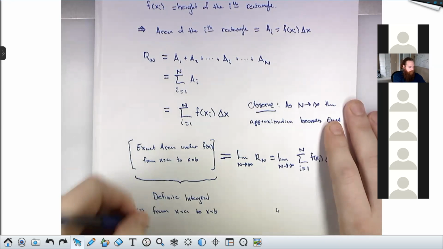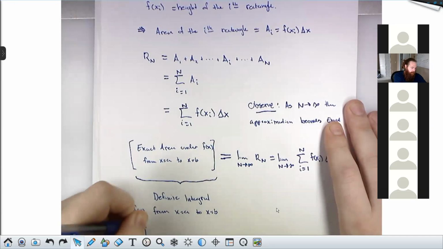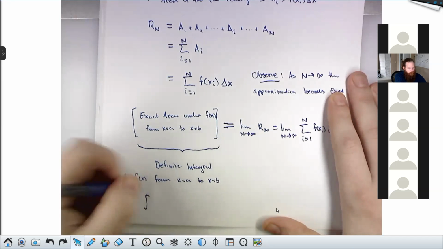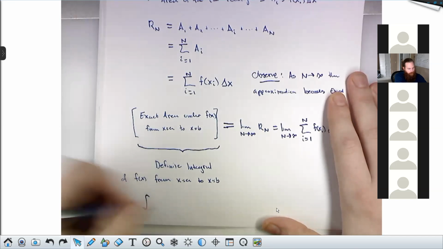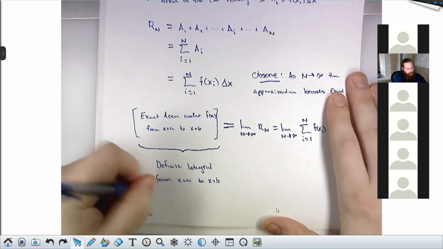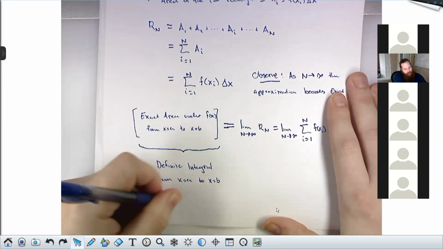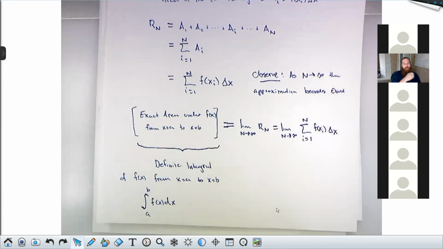And another way of saying that is with this big long S symbol, which you've probably seen in your textbook, with an a down here and a b up here and f of x dx, like that. You don't need this for the section we're talking about today, but I figured we're here, I might as well show you.